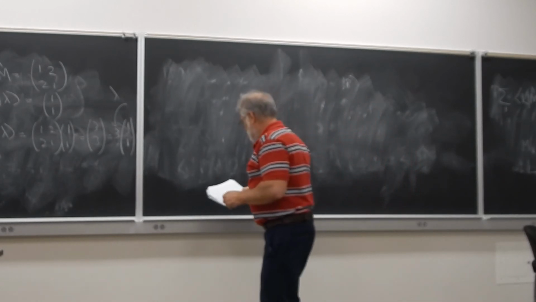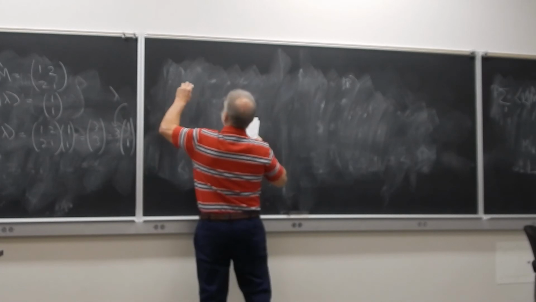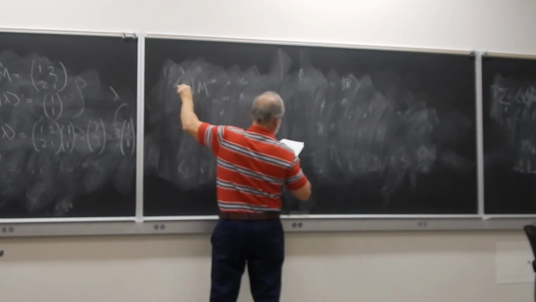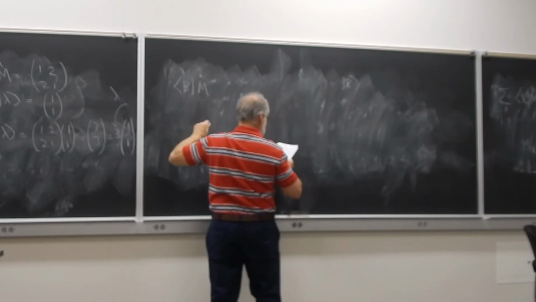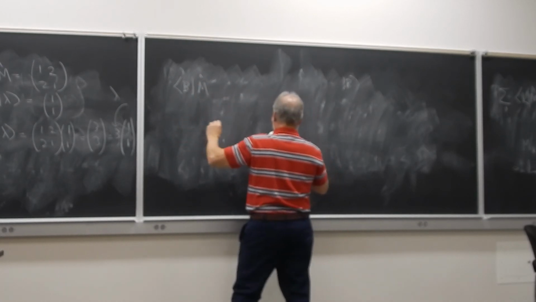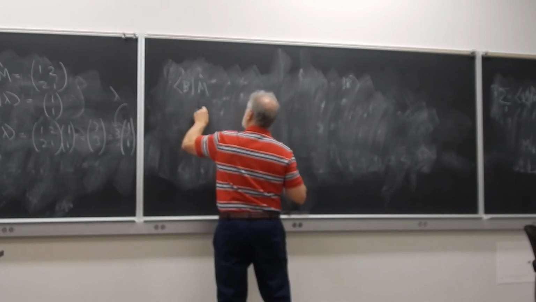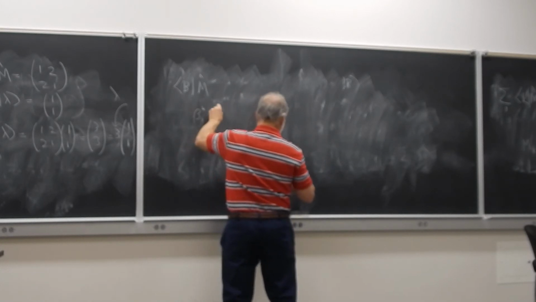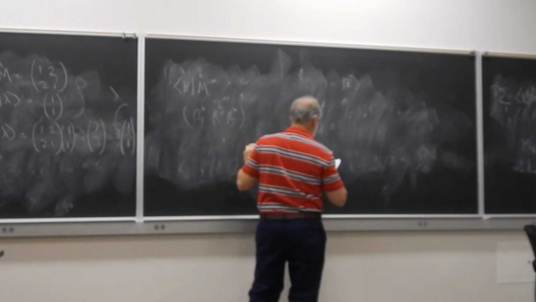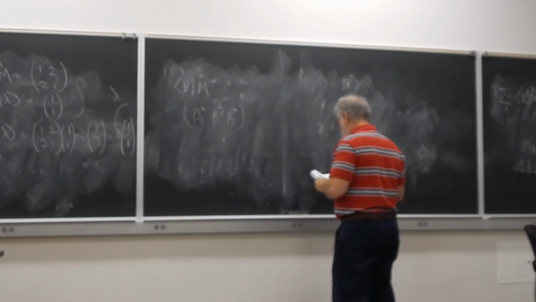Linear operators also act on bra vectors, so I can do the following. I can take some bra B and act on it to the left, such that maybe my bra vector can be written as beta 1 star, beta 2 star, beta 3 star as a row matrix.